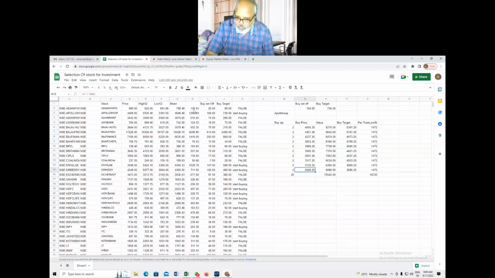Now here I have selected the difference as divided by 2, and here I have calculated the set off divided by 7. Now if you feel that this value is greater, you can divide it by 6 or 5 and then take your decision. But if your buy set off is greater, then the number of scripts that will get traded will be low.